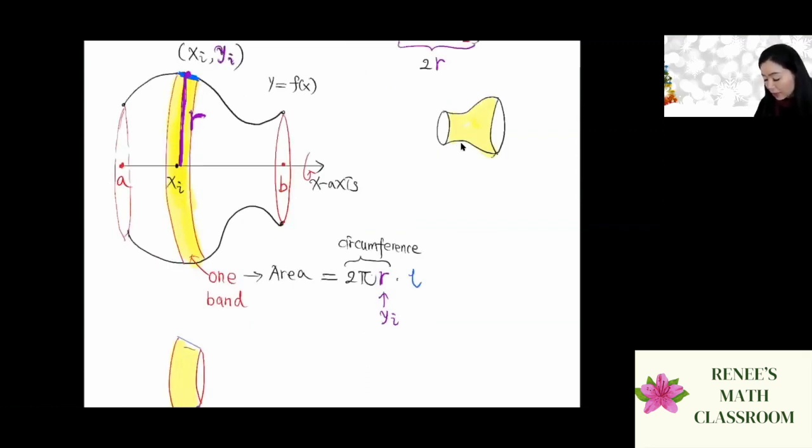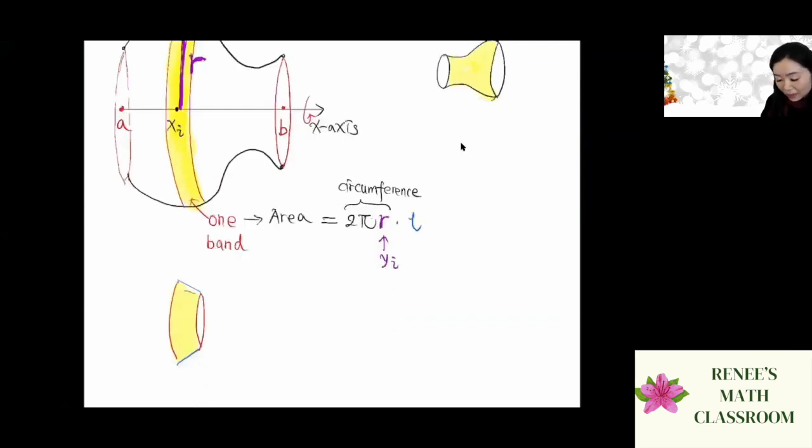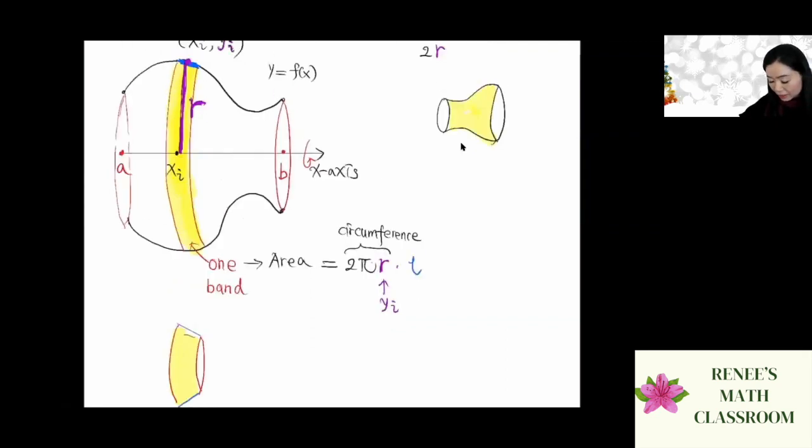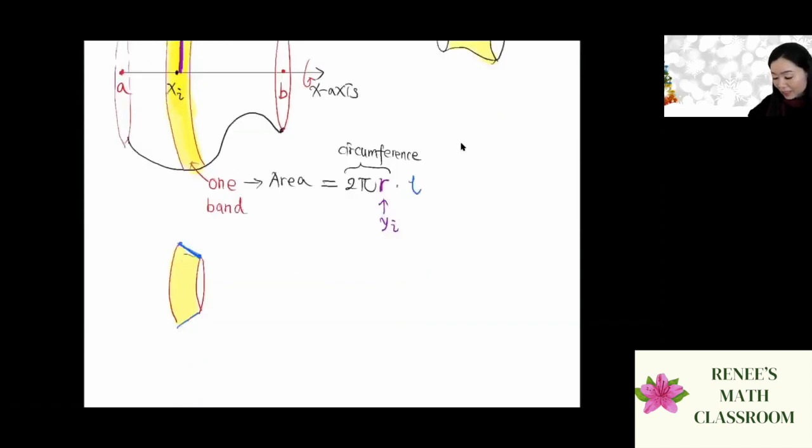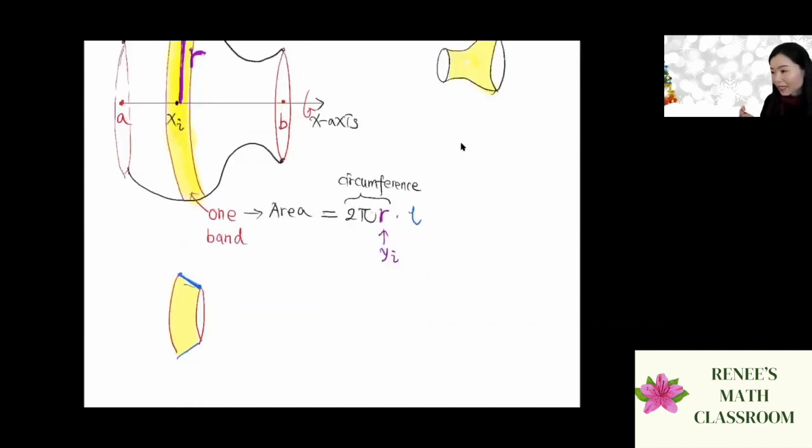The area will be 2 pi times yi times L. Okay, what is this L over here? Well, the L here is this. Think about this, remember before, this is a part of the arc, right? Remember when you try to find arc length, the arc length is the integral of the differential of arc length.